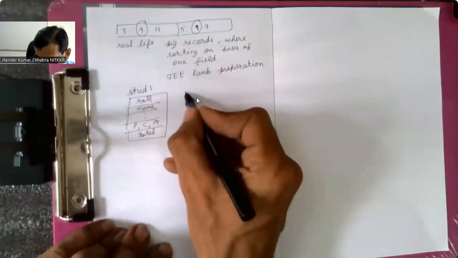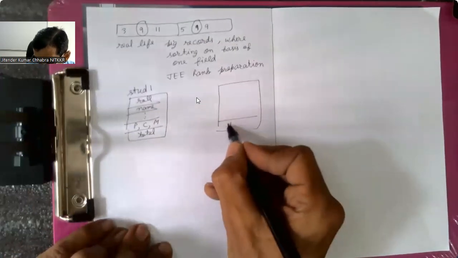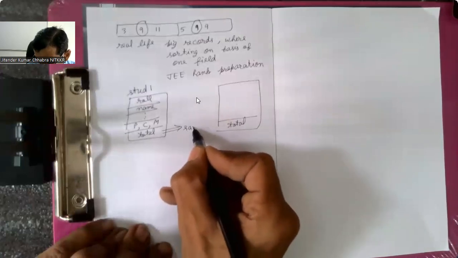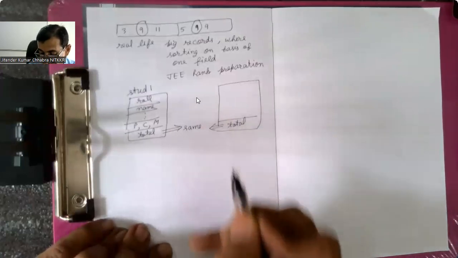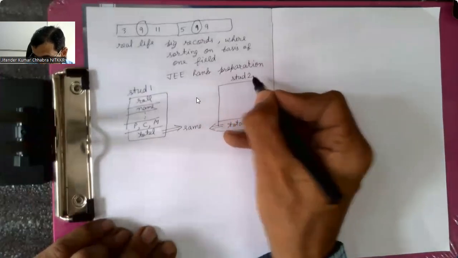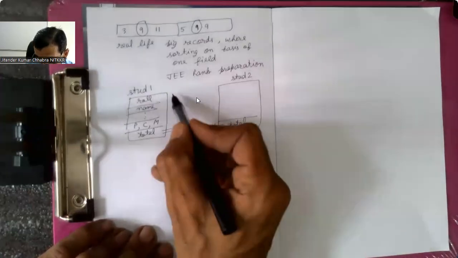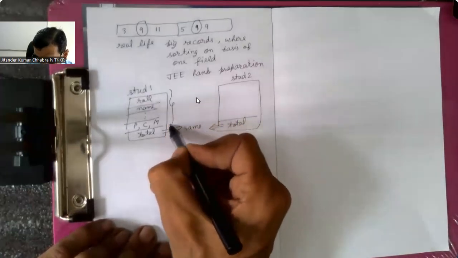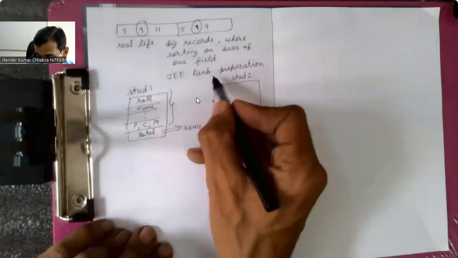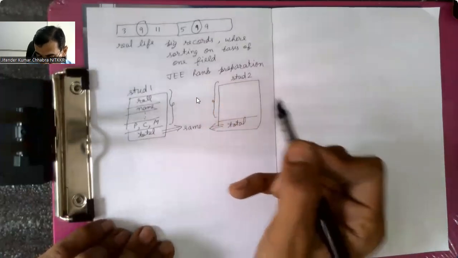So there is one student, there is another student. Both might have the same total. Doesn't mean that the records were the same. Many students will have the same marks, but other fields will be different, and you have to take care during sorting whether you require a stable sort or not.